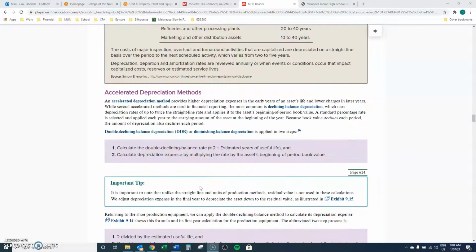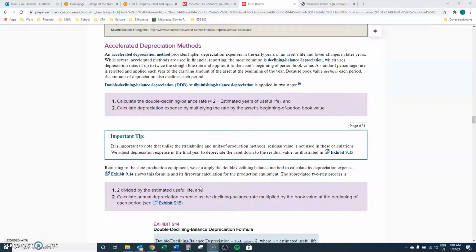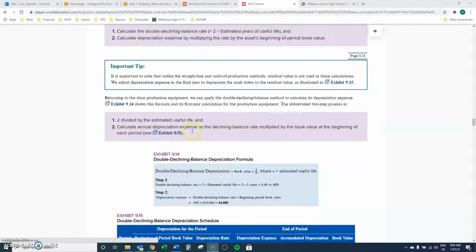And we keep going. The declining balance, and here it does indicate it's 2 divided by the estimated useful life. So if the estimated useful life, for example, is 5 years, it's 2 divided by 5. If it's 10 years, it's 2 divided by 10. And then we calculate annual depreciation expense. It's a declining balance rate, so it's multiplied by the book value at the beginning of the period.